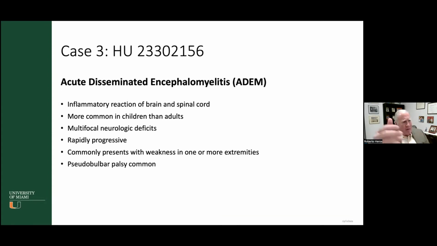There are other names used, but it's a monophasic mass of acute demyelination that sometimes recurs, sometimes goes on to multiple sclerosis. But the problem is confusing these macrophages on the frozen section with neoplastic cells, which can lead you to go ahead with a resection that is obviously not indicated.